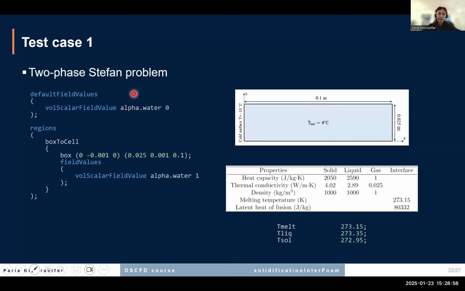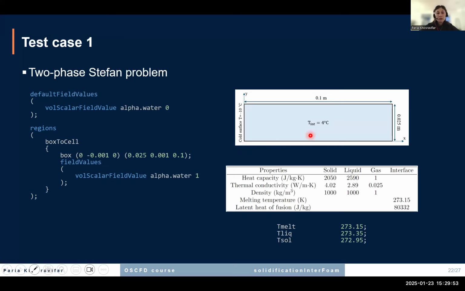I defined the two-phase Stefan problem in which the whole domain is covered with liquid. I used setFields to define liquid inside the domain, considering the whole domain as liquid. First, we define the whole field as 0 and then set 1, which means liquid, in the computational domain. Here, this wall is a cold wall at a temperature less than the melting or freezing temperature.